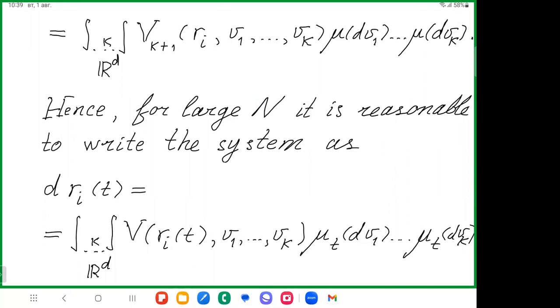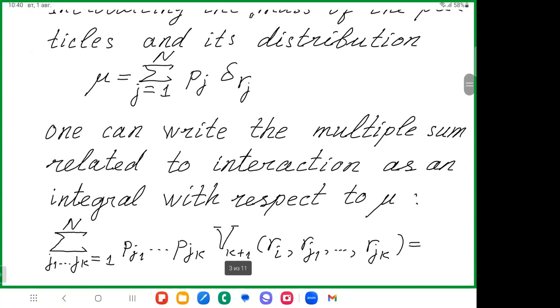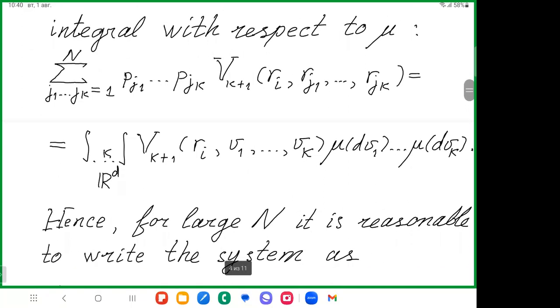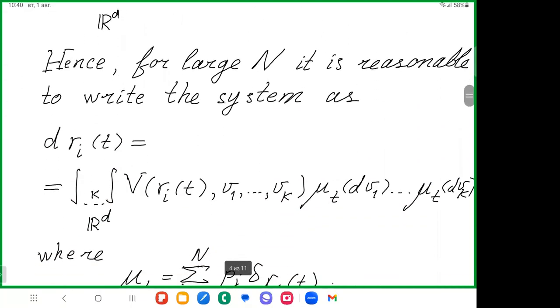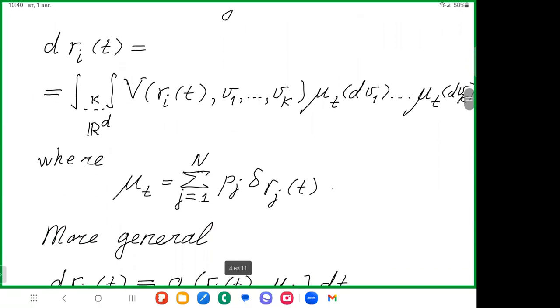And this measure mu_t is carried by the particles. Here it is. So we have the natural way in which the measure naturally came into the coefficient of our equation.